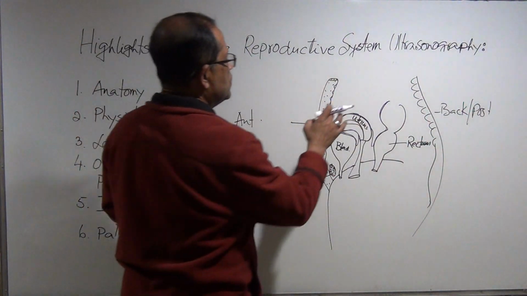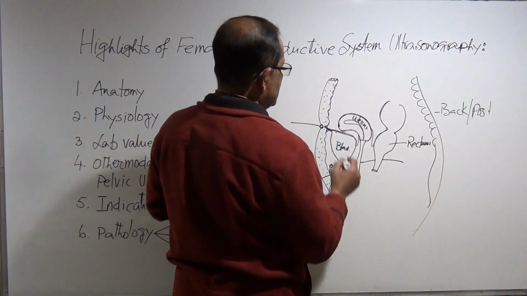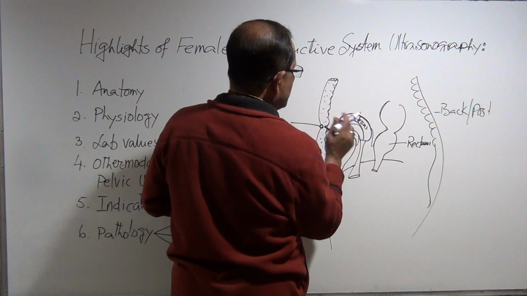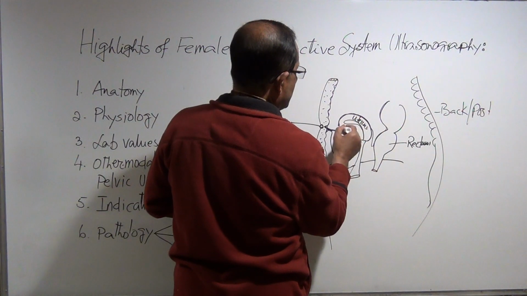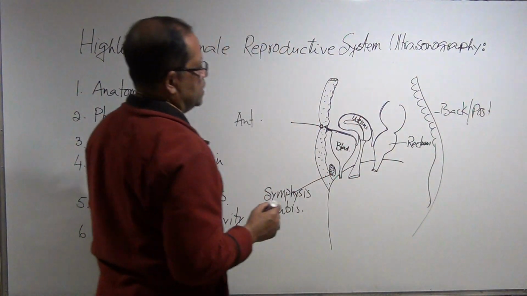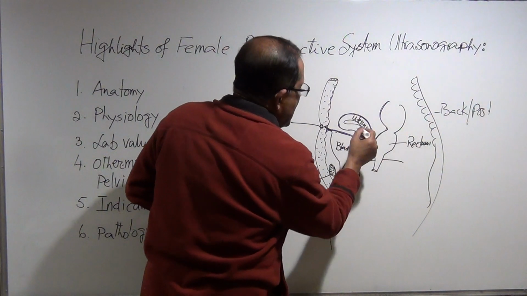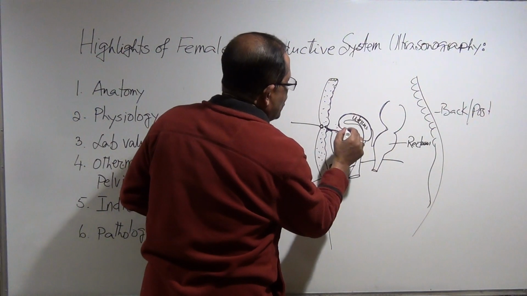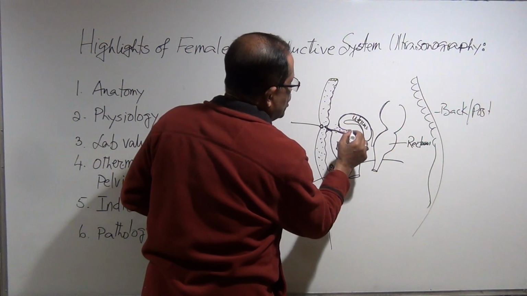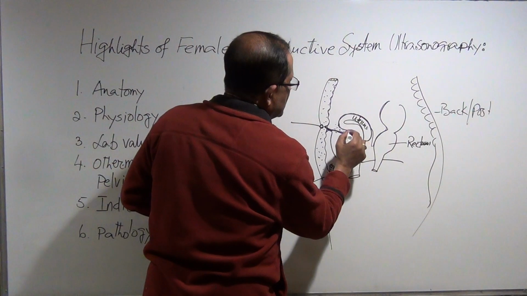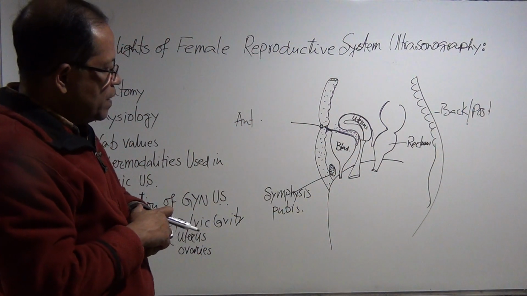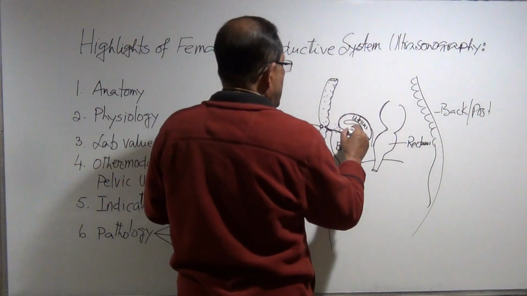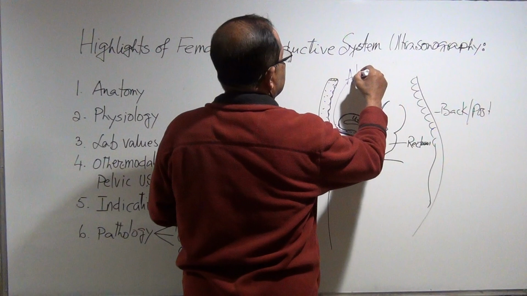okay. So now, okay, so bladder and the uterus, there is a nice pocket. This pocket is formed by the reflection of the visceral peritoneum between the bladder and the uterus, and this is known as anterior cul-de-sac.